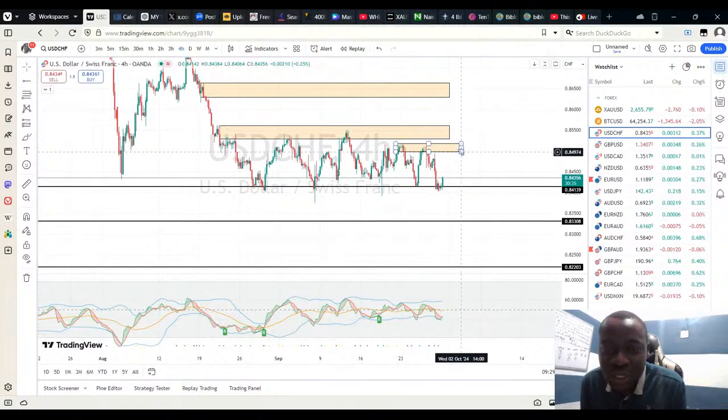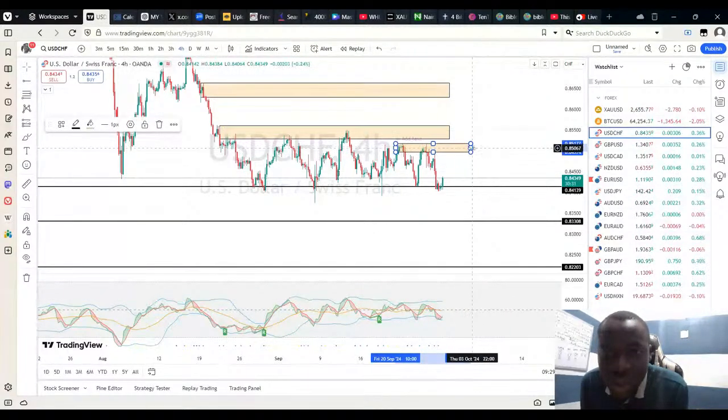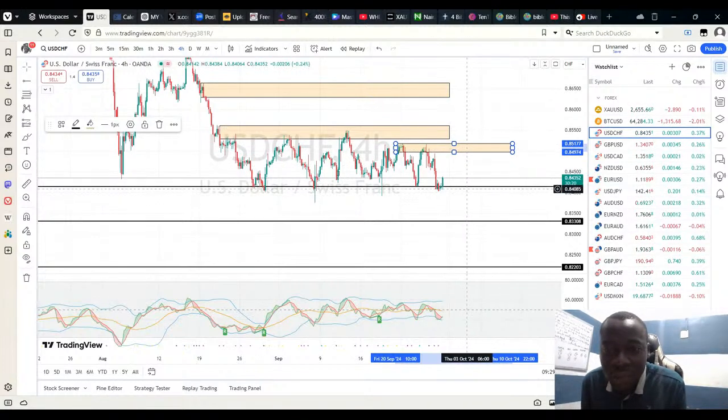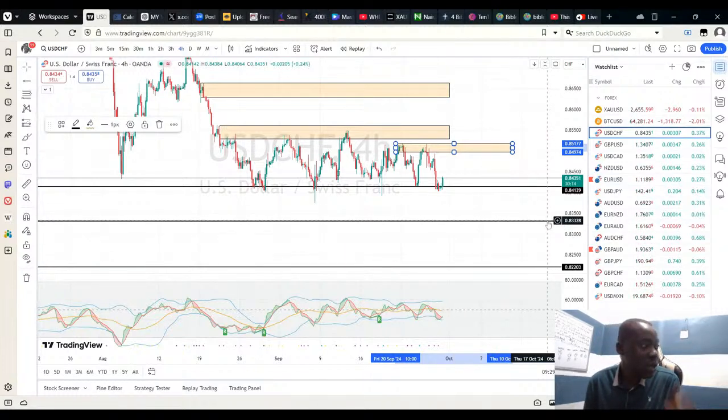So far, so good. The thing I'm expecting here is, if they are going to be pushing the market, I'll be expecting them to come to the price of 0.8500 to look for another sell. Maybe that sell is what they will now use to push it down to 0.8350 or 0.8300.